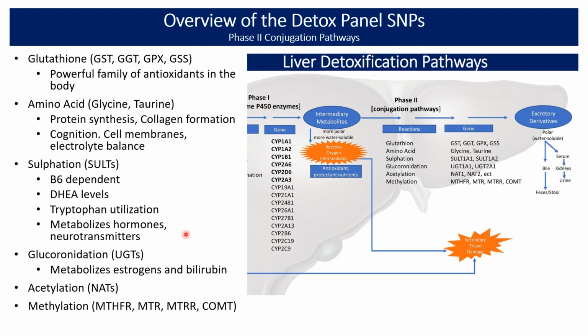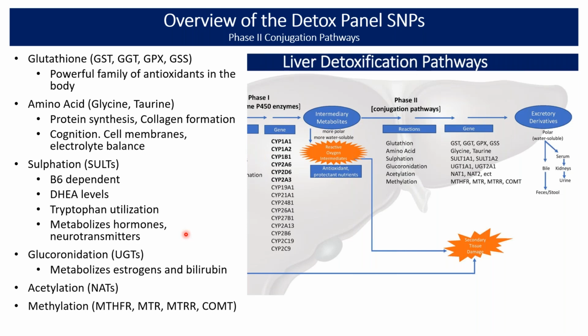Glucuronidation also breaks down the bilirubin into a non-toxic compound, and to a point that we're able to clear that in our urine. So if we don't convert that bilirubin to a non-toxic compound, we're creating an inflammatory response.